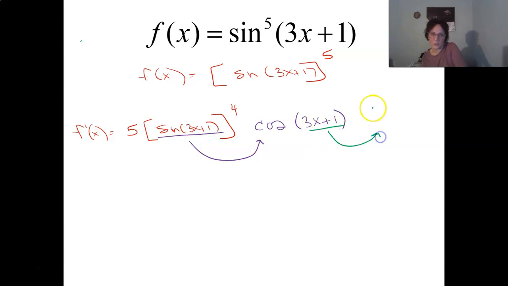So I'm going to take the derivative of that. And there's my derivative. So it's 2 chains in this case. So I have something to the 5th as my first function, and then I have the sine of something else. It's my second composite. So I have a function inside of a function inside of a function. So notice I had to chain rule twice. I have a linear inside of a sine inside of a 5th order. It's a composite of 3 functions. I have to chain rule twice.